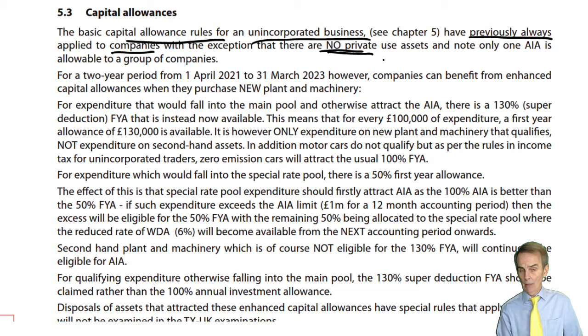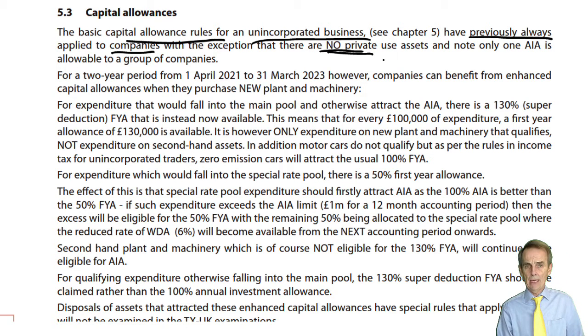In terms of companies, everyone will be an employee, whether they're also owners and have shares or not. It doesn't matter, they will be employees, and therefore there will be no private use assets, like there'll be no private use adjustments in relation to the adjustment of profits. That has always been the case, and it remains true now.